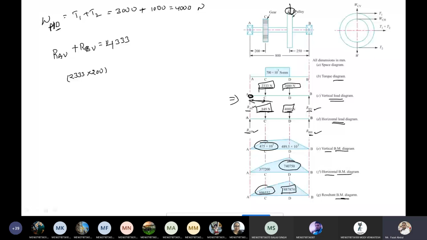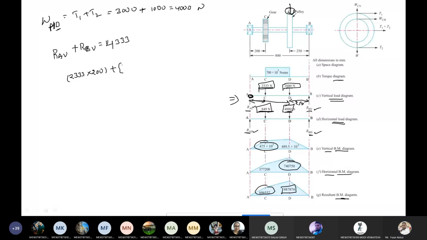Here to here how much? 200 is given. So 200. Is it positive or negative? This is positive because the load is acting in a clockwise manner. Now here, 2000 into what is the distance from here to here? It means from here to here, if you subtract 250, 800 minus 250. That means 2000 into plus. Why am I taking the plus? Because it is acting in a clockwise direction.